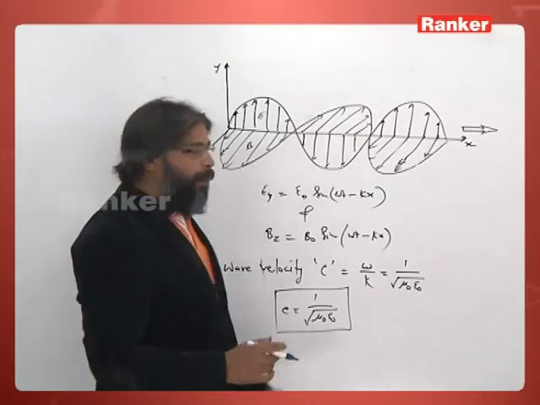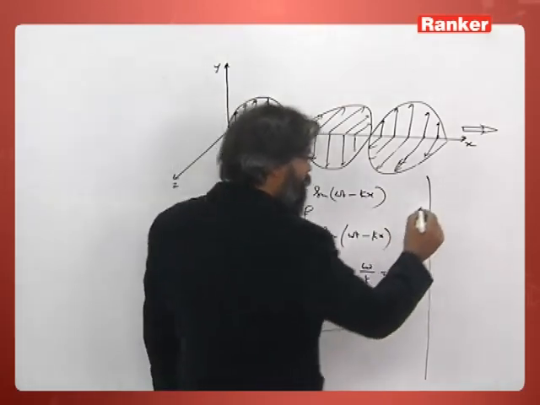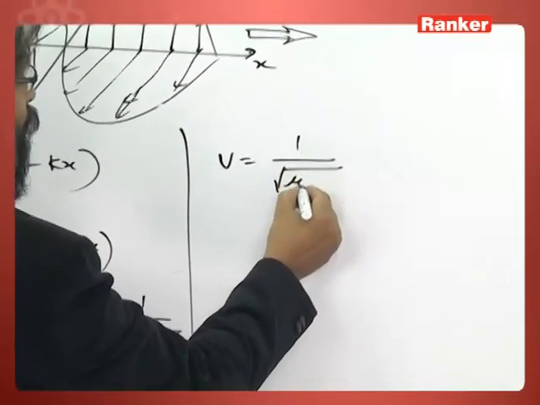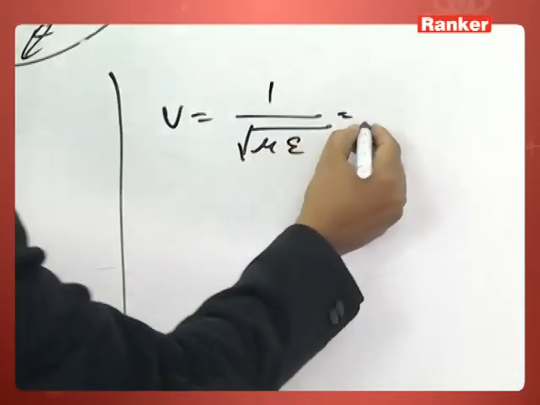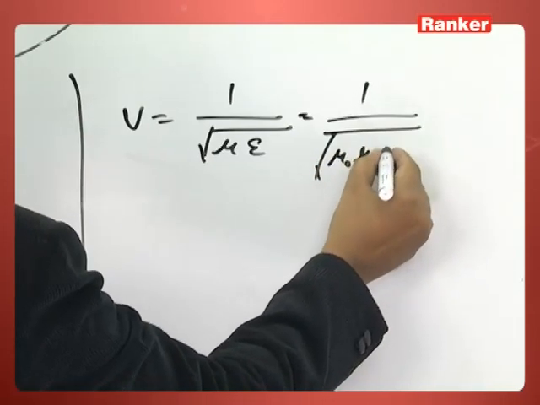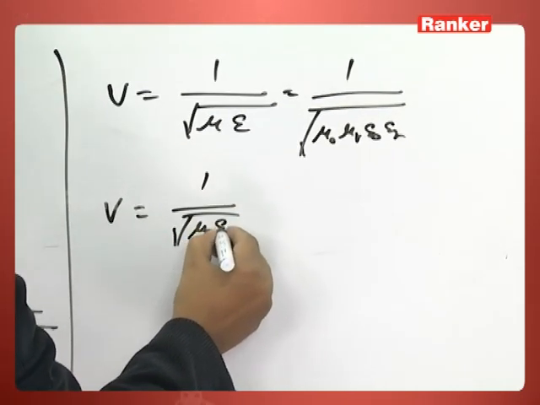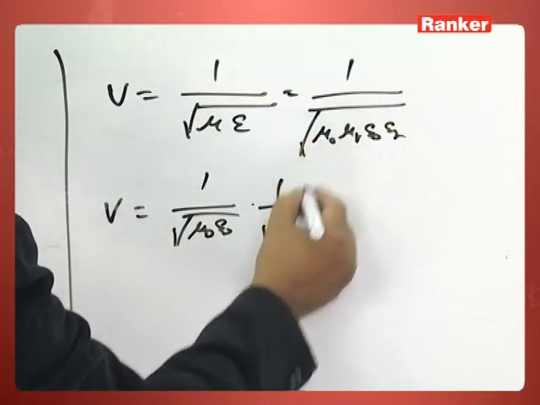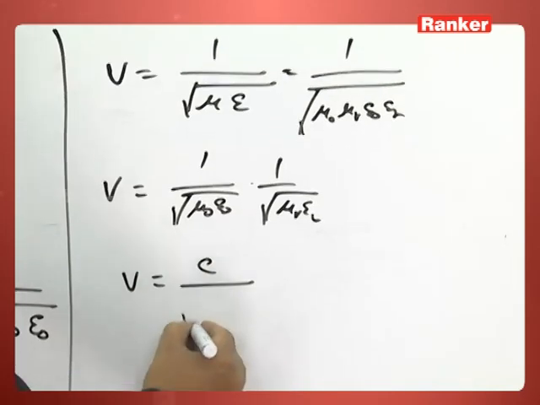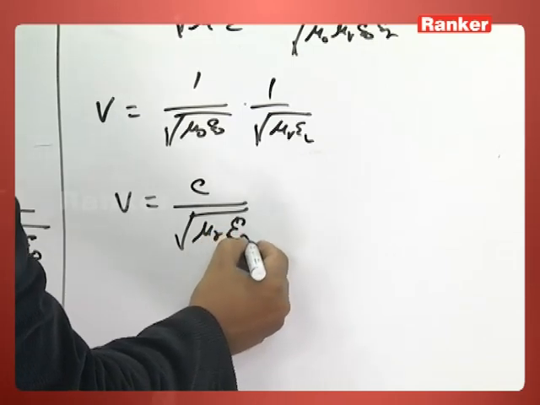Now, when this field propagates in some medium, apart from air or vacuum, the velocity will be 1 by root over mu naught mu r epsilon naught epsilon r, that is 1 by root over mu naught epsilon naught times 1 by root over mu r epsilon r. This is itself c. So v is equal to c by root over relative permeability times relative permittivity.